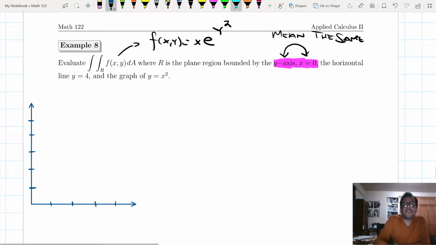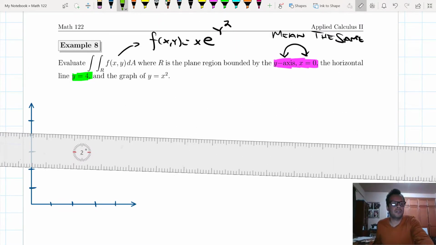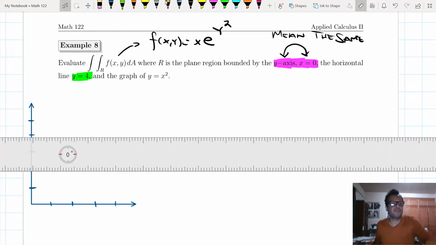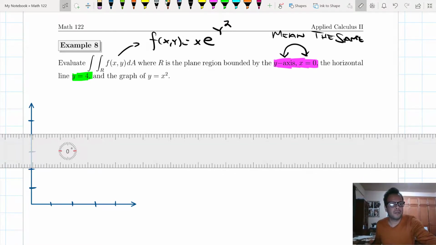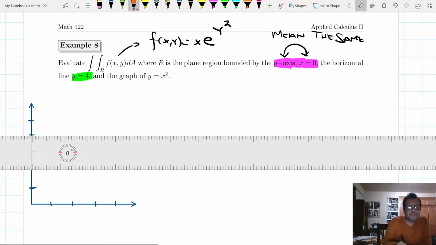So the horizontal line that I'm going to highlight in green, and I will also use green to draw that horizontal line at y equals 4. Okay, let me put the ruler correctly, and I'm going to use green.